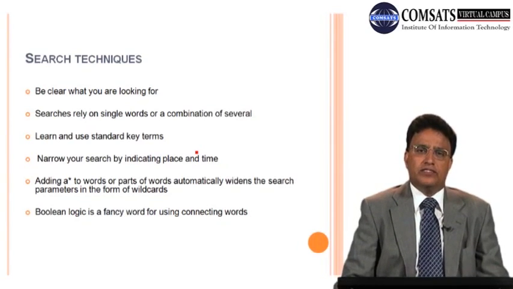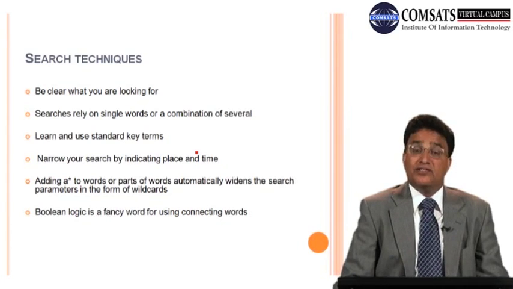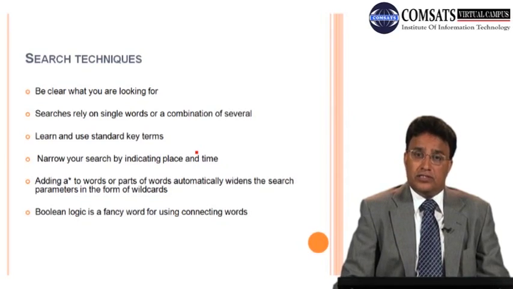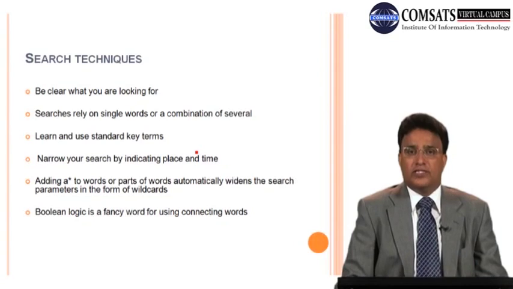And what are those words? These are connection words you use, like and, or, and sometimes not. For example, you say preschool and teachers, and not only teachers. So that would be looking for preschool teachers and not all teachers.